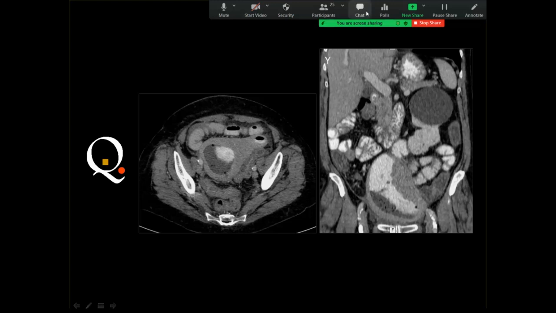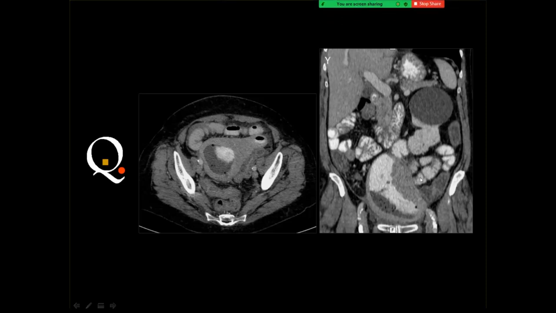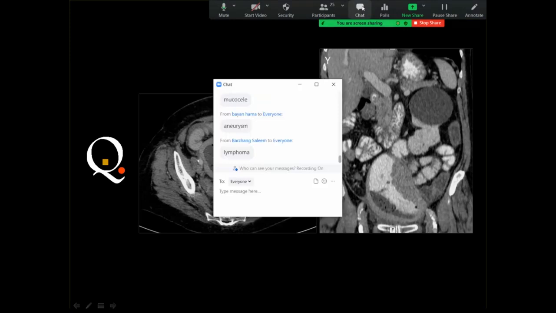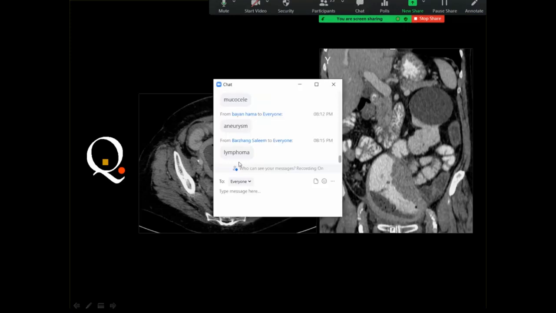Okay, I feel that this is a difficult case, and let us explain some of the findings. This is a simple cyst in the kidney, and this mass belongs to the bowel, since you can see that there is gastrografin going through the lesion. And this particular bowel loop is markedly dilated, and this fits with the diagnosis of lymphoma.